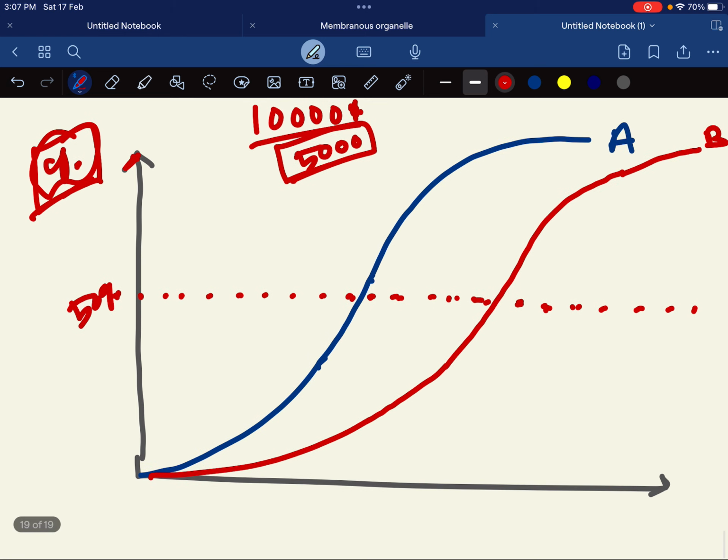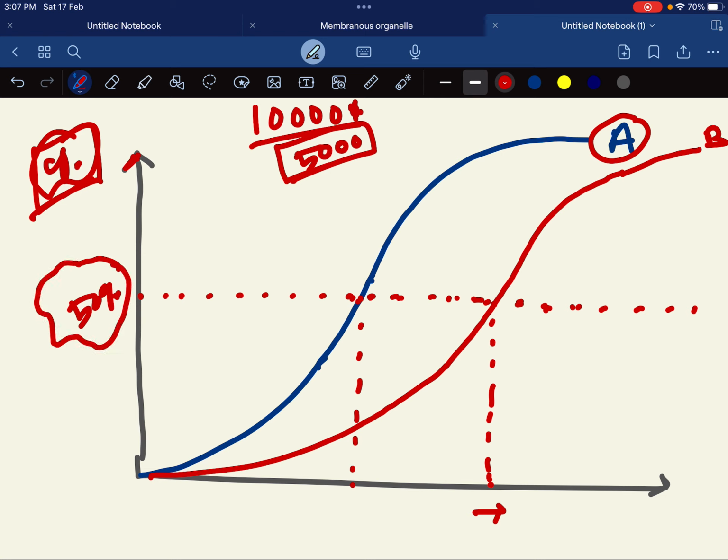So you can clearly distinguish that for drug A less dose is required, but for drug B more and more drug is required, so that for making the same effect in 50% of people, drug A is more potent because it requires less concentration of drug to make the same effect on 50% of people.